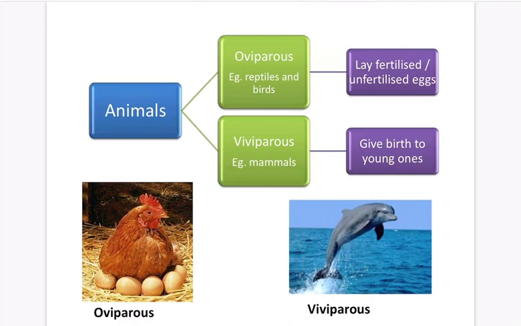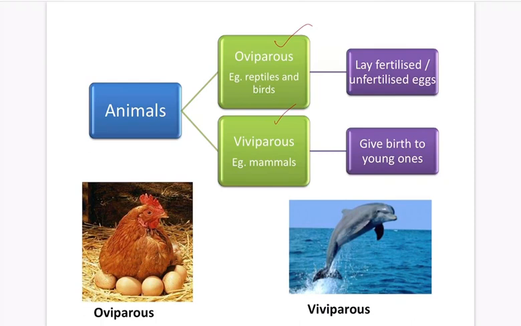Now, we have got varieties of animals in nature. On the basis of development of the zygote, animals are grouped into oviparous, viviparous, and ovoviviparous. The oviparous animals such as reptiles, birds, lay eggs.